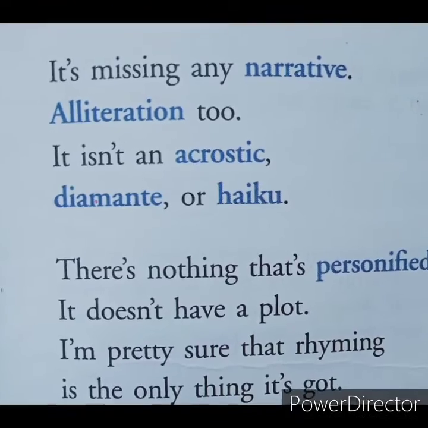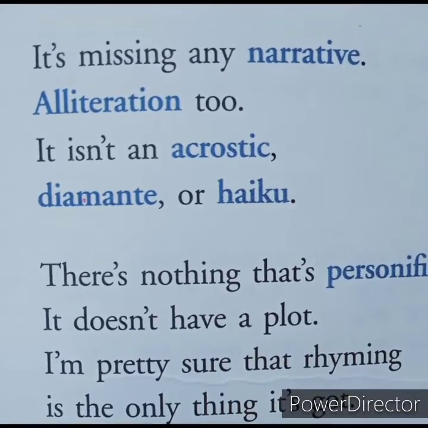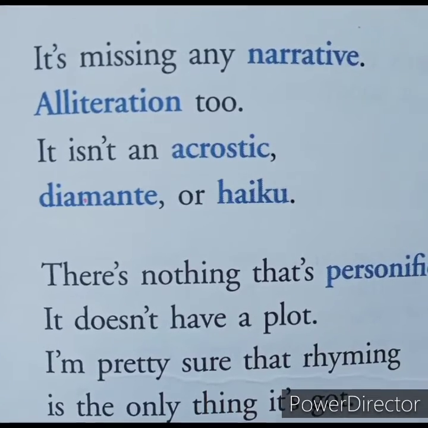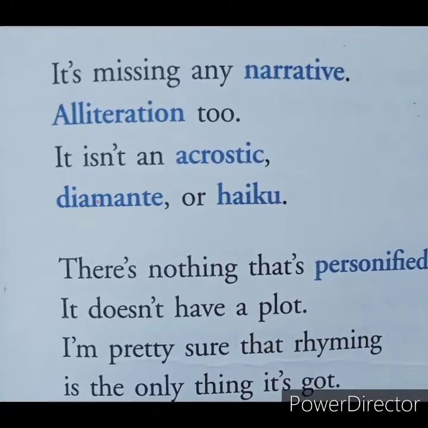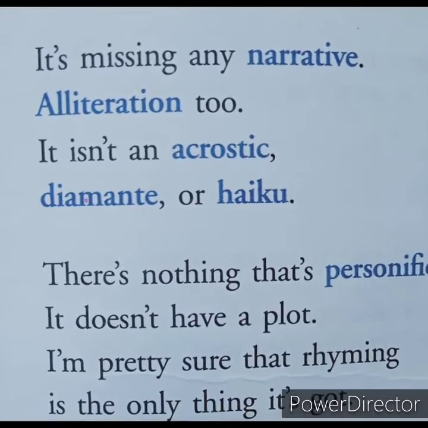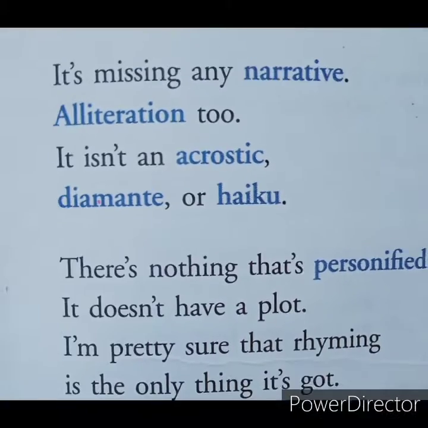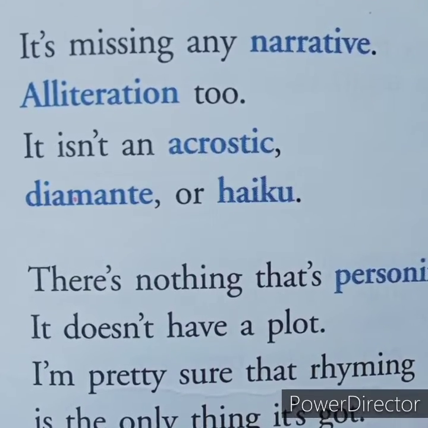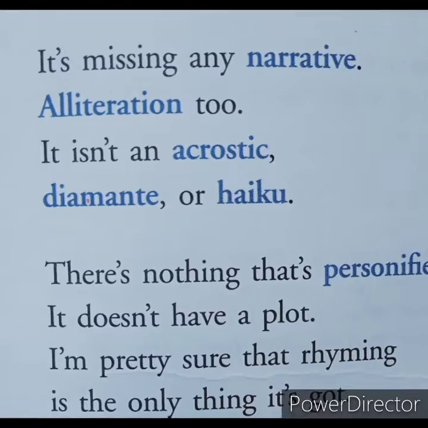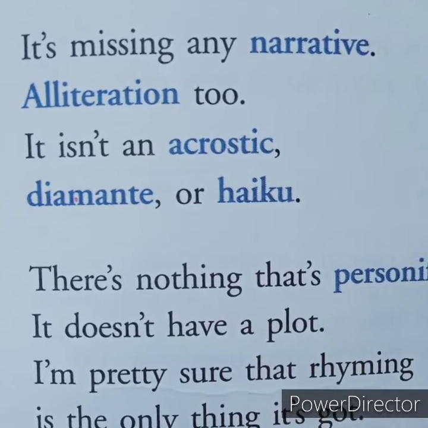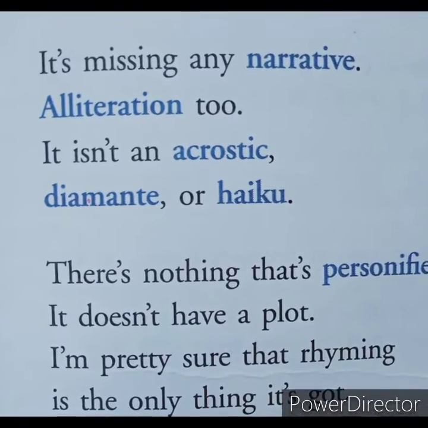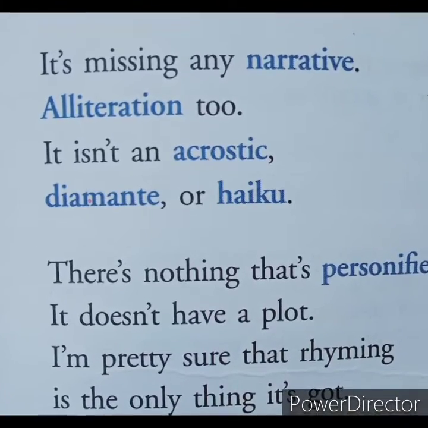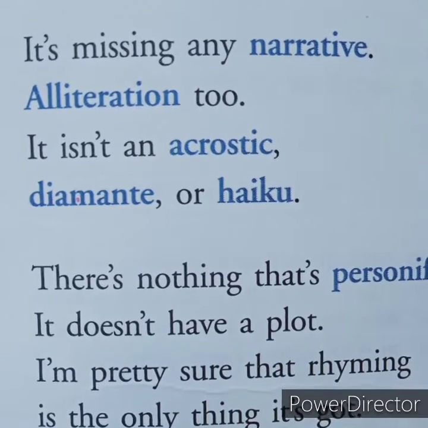Acrostic means a poem in which the first letters of each line can be read downwards to form a word that is usually the topic of the poem. Diamante means a poem of 7 lines where the text forms the shape of a diamond. Haiku means a traditional Japanese style of poetry with 3 lines and usually 17 syllables.